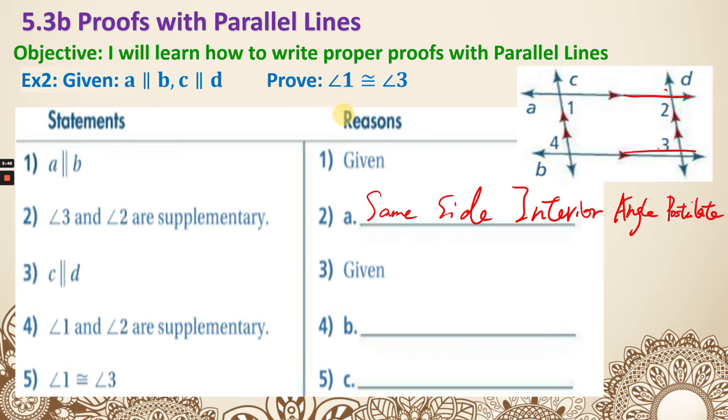Because we can see that's the parallel line, these two angles are same side interior. And C is parallel with D, that's given again, which means angle 1 and angle 2 are supplementary. Same reason, same side interior angle postulate.